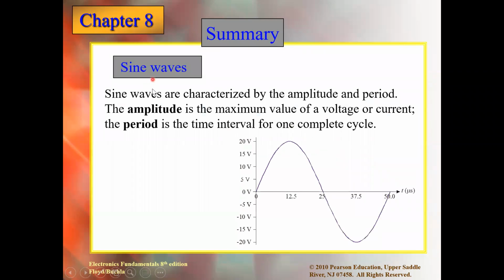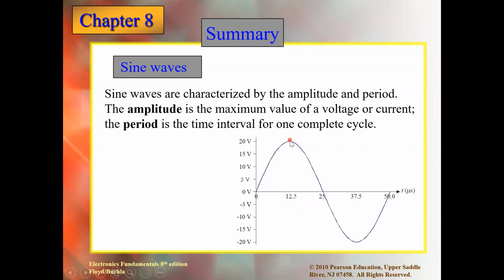Look here, sine waves, more detailed characteristics. Sine waves are characterized by the amplitude and the period. So there are two things: one is amplitude, another is the period. The amplitude is the maximum value of the voltage or current. If I ask where the maximum value is, you can check it: the maximum value is at the peak, either positive or negative.